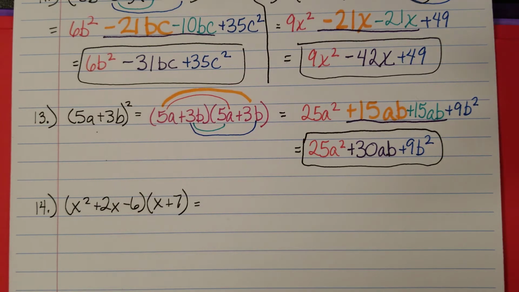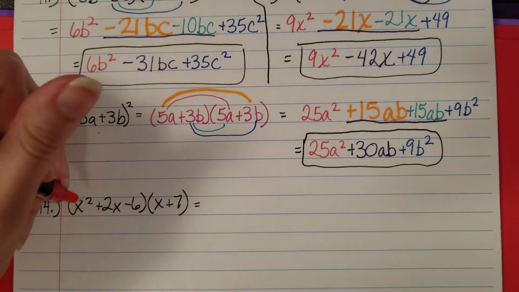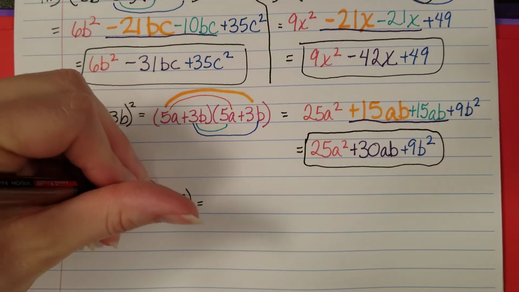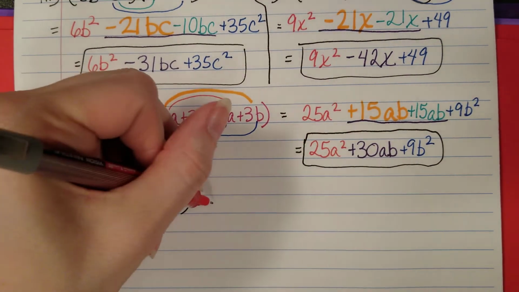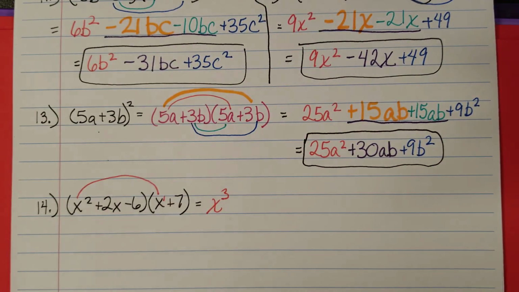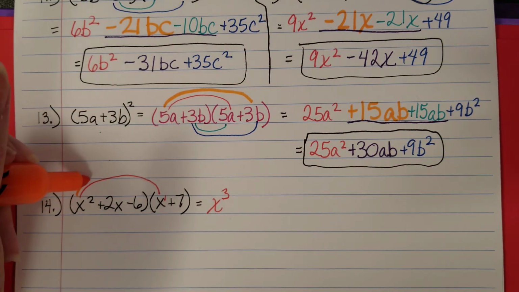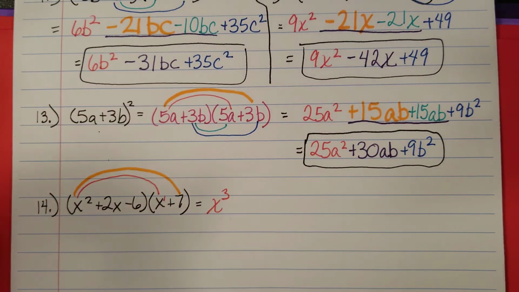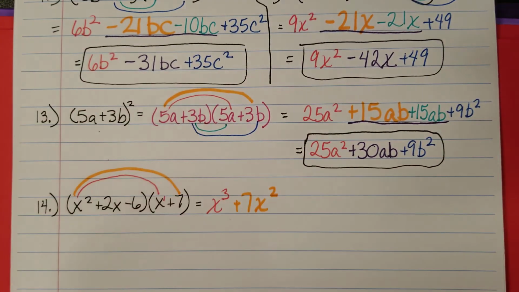All right, so I'm just going to do x squared times x. So there's an invisible 1 there, so that's x to the 3rd power. And then next I'm going to do x squared times 7, which would give me plus 7x squared.